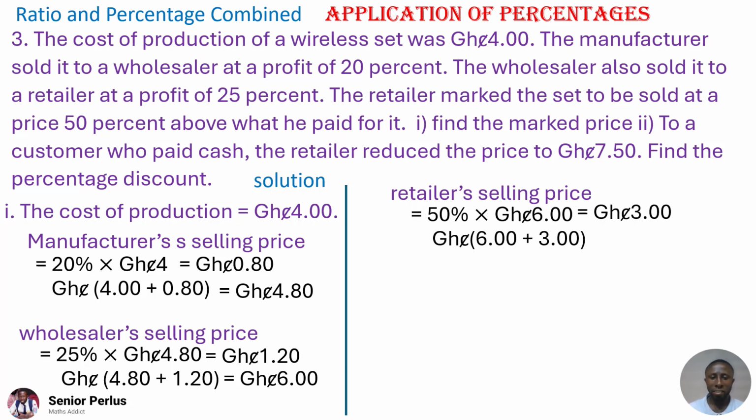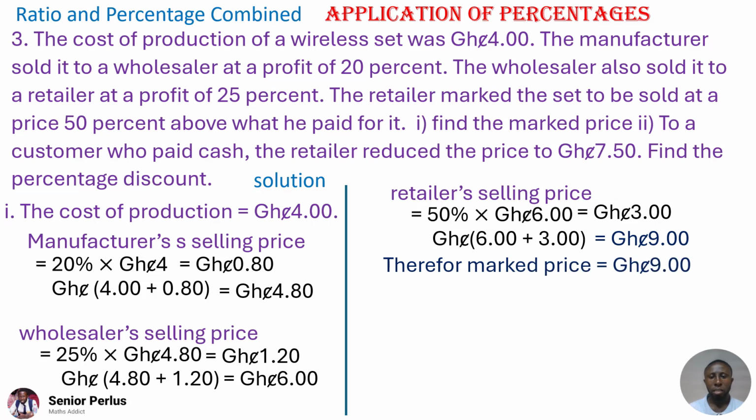Then we add the 3 cedi to the 6 Ghana cedi. So 6 Ghana cedi plus 3 cedi, they had what? 9 cedi. Good. Therefore, the mark price is 9 Ghana cedi, because that's what they say, the retailer marked the set to be sold, and that's the mark price.